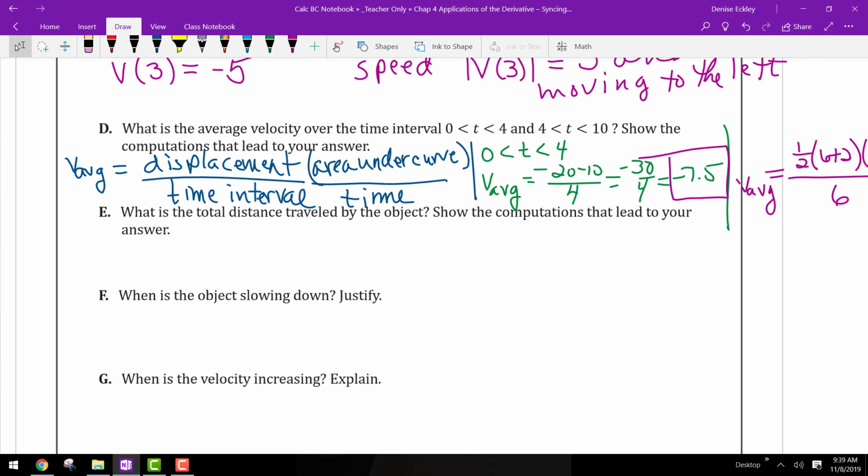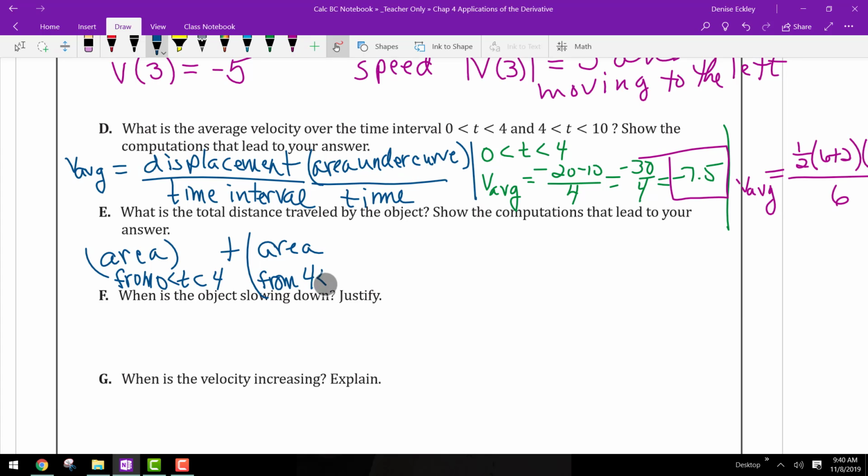Okay, what is the total distance traveled by the object? Show the computations that lead to your answer. Well, we've already really done them. So what we're going to do is add up the two areas under the curve. So we're going to do the area from 0 to 4 plus the area from 4 to 10.